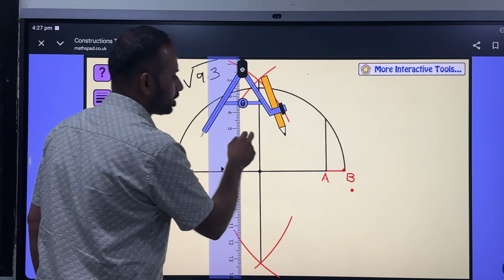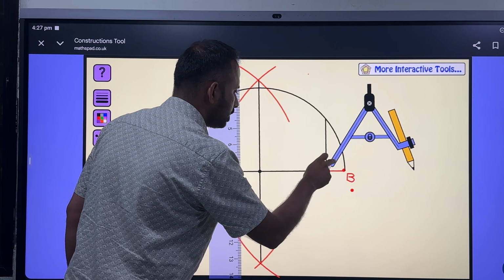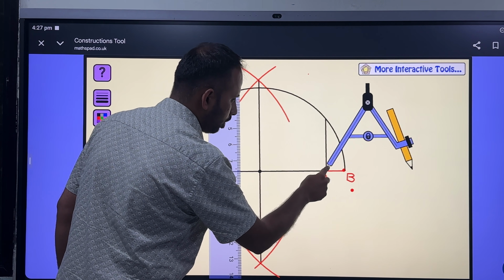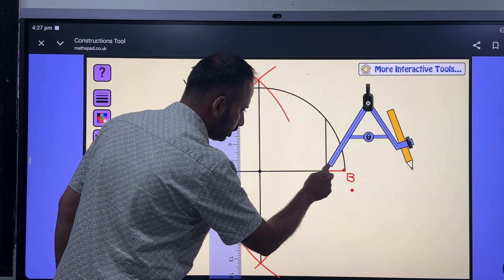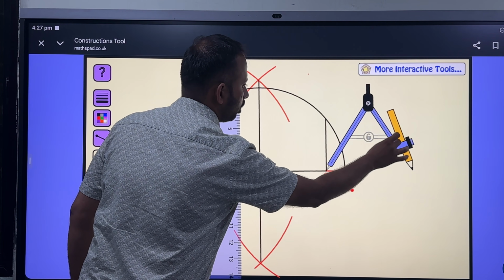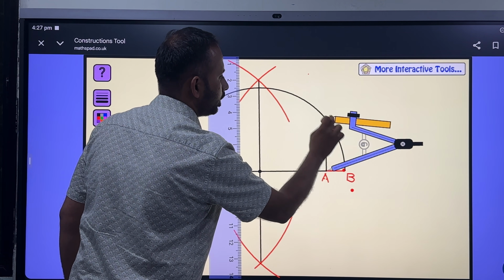Again, take out your compass, place it at point A, and measure till this point. Let me adjust it. Okay, it got adjusted. Now measure till this point.